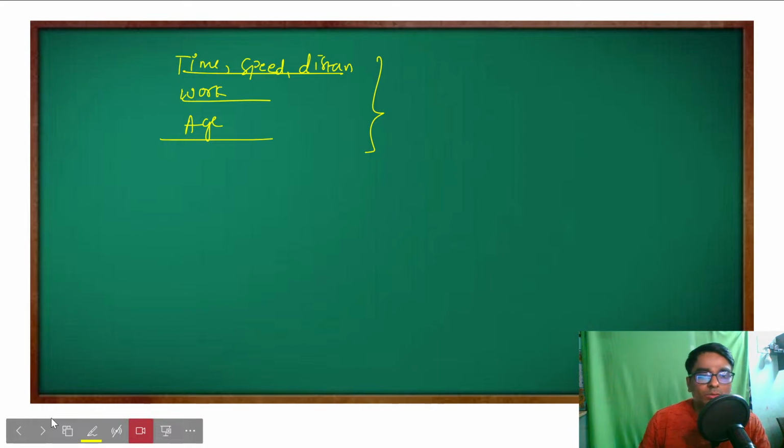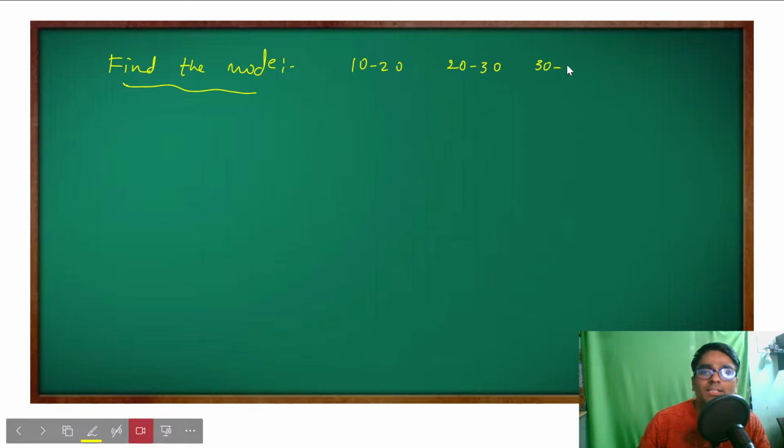Okay, we'll take one from statistics. Find the mode. Class intervals are 10 to 20, 20 to 30, 30 to 40, 40 to 50, then 50 to 60.